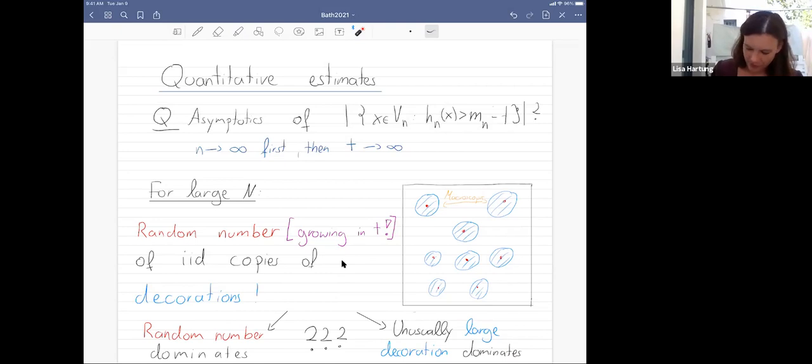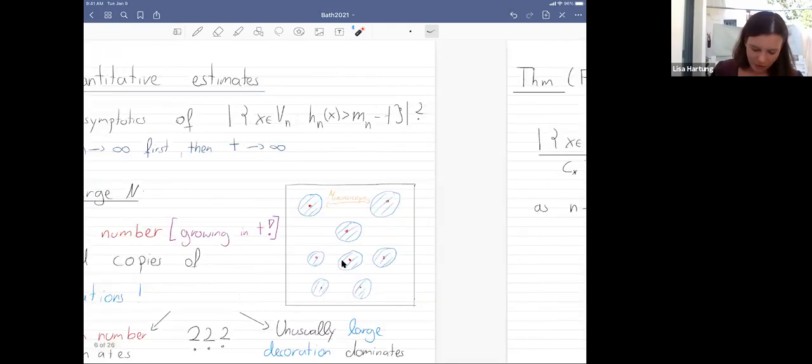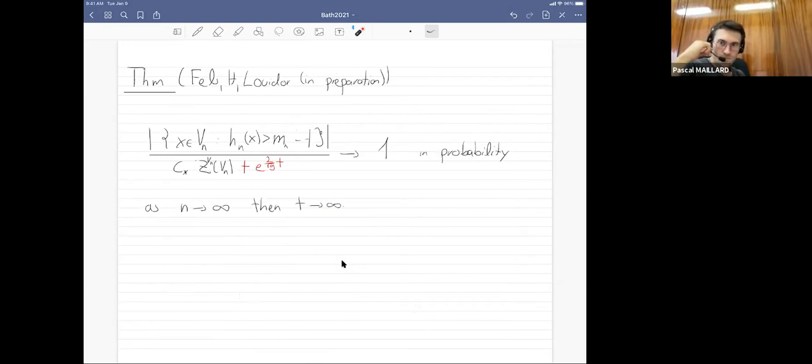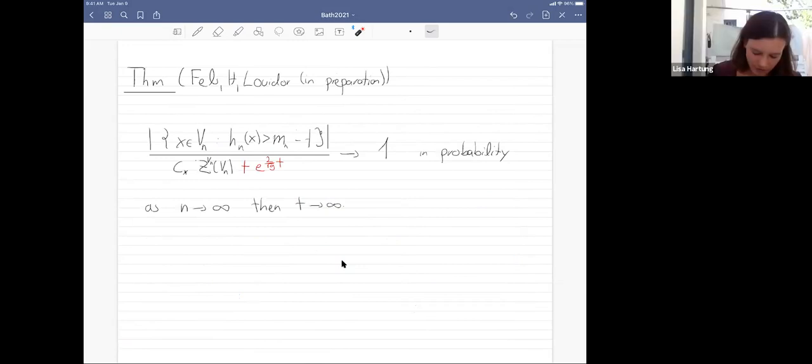Right. And okay, as it turns out, this is the statement of the theorem. If we look at this number, and we rescale it by some constant times the total mass of the Liouville quantum gravity measure times t e to the 2 over square root g t, then this converges to 1 in probability when we take first n to infinity and then t to infinity.